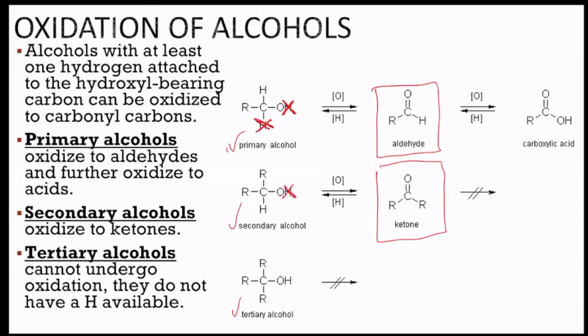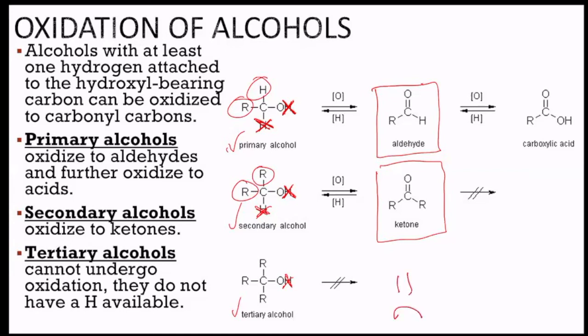In this one, you'll lose this one, you'll lose this one. So you're left with a hydrogen and an R and an R and an R. So secondary alcohols oxidate to ketones, primary oxidate to aldehydes. Tertiary alcohols can't oxidate to anything. There is no oxidation because they don't have any other hydrogen available. So they're not going to oxidate at all.